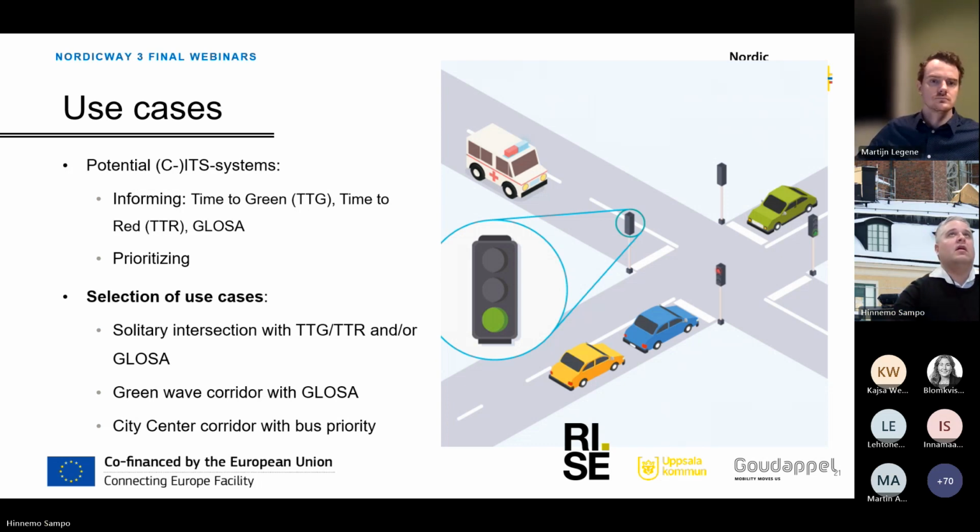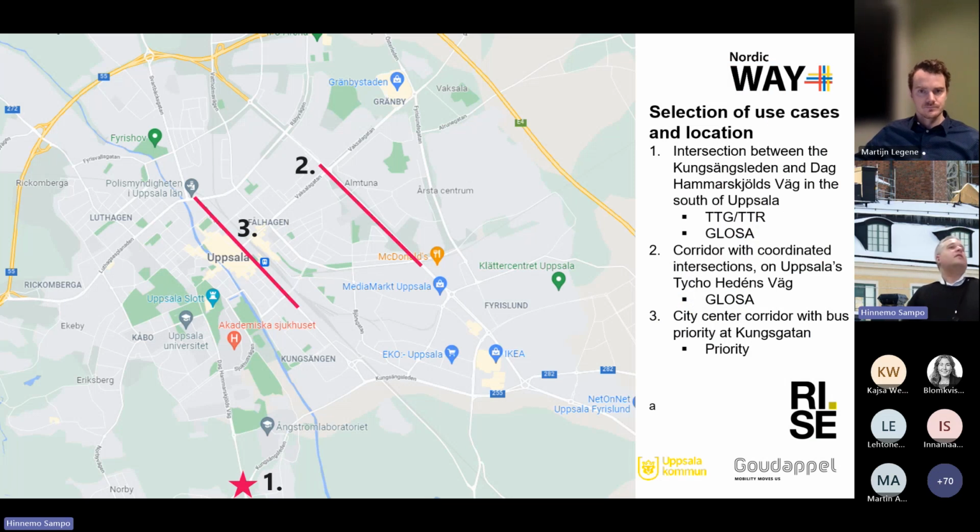Here you can see on a map the location of the microsimulations in different kinds of environments, and we have tried to find environments that could be typical for a Swedish city or in Finland or Norway or Denmark. So we'll also try to compare results and see if we find the same kind of results or if there are differences.